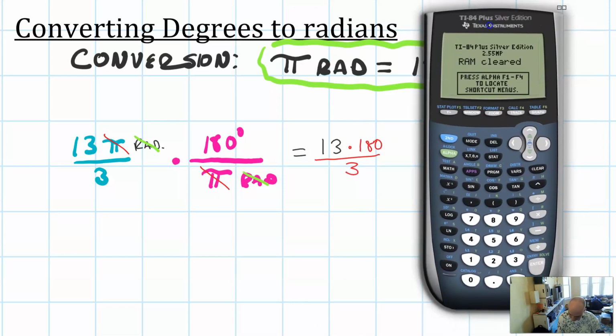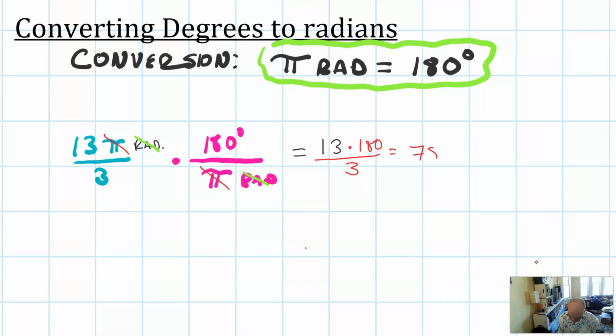I'll just do 13 times 180 and divide by 3 right here. 780 degrees. So the degrees are coming from right here. We multiplied by 180 degrees, canceled out the unit of radians, so we have 780 degrees.